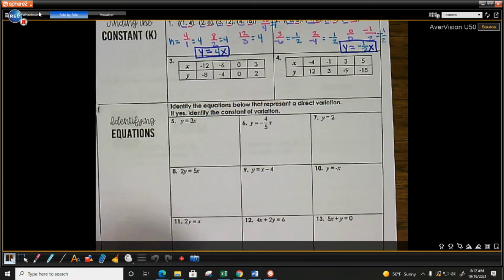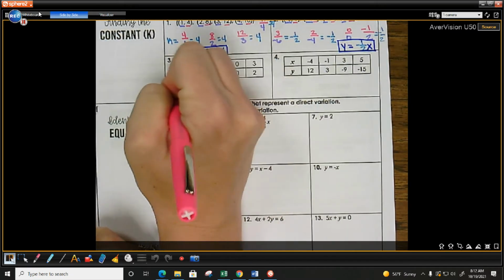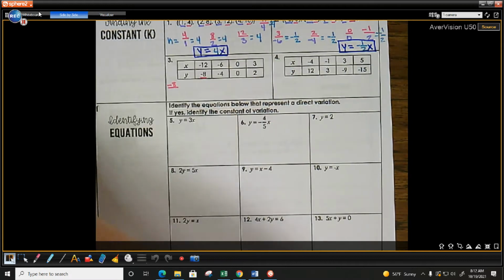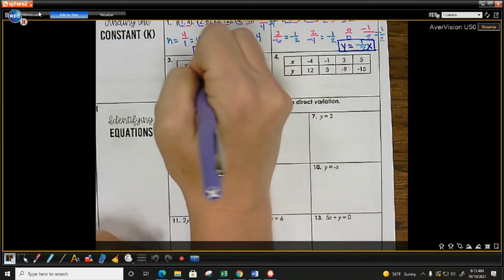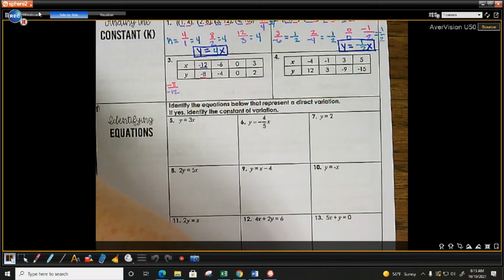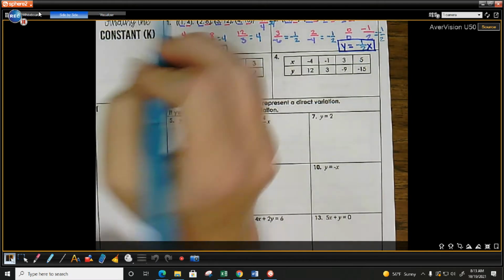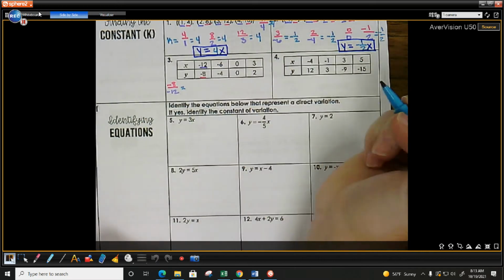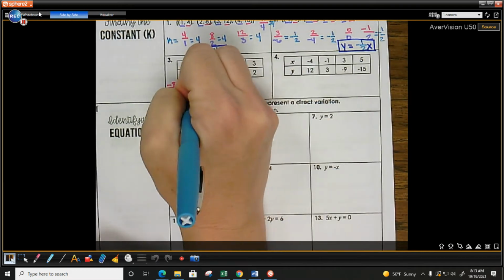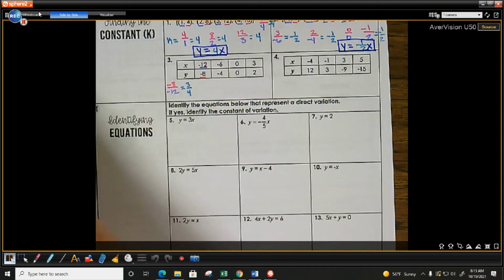Okay, next one. Let's do y over x. What is negative 8 over negative 12? 3/4. Positive 3/4 because a negative over a negative is positive.